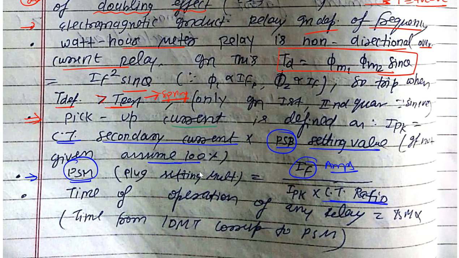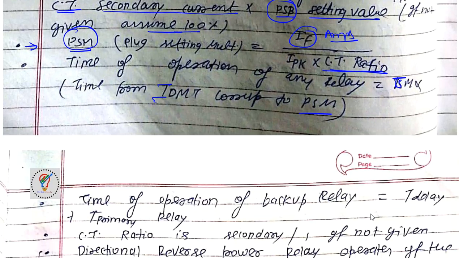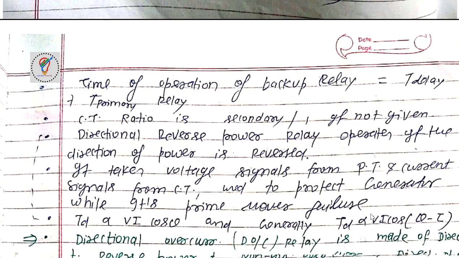Next one: the time of operation of any relay is the time setting multiplier TSM into the time from IDMT corresponding to the PSM value. There is a table, and from the table column we can take this time from the IDMT corresponding to the PSM.